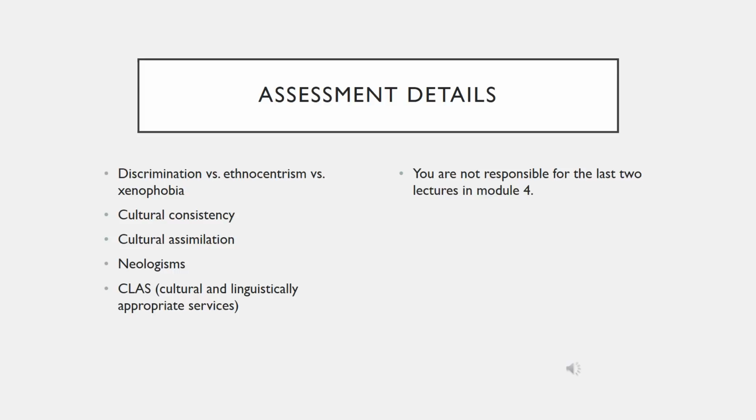What is cultural consistency? We've talked about that: even though people might be here in the United States and they may have assimilated, they still may have some cultural consistency.